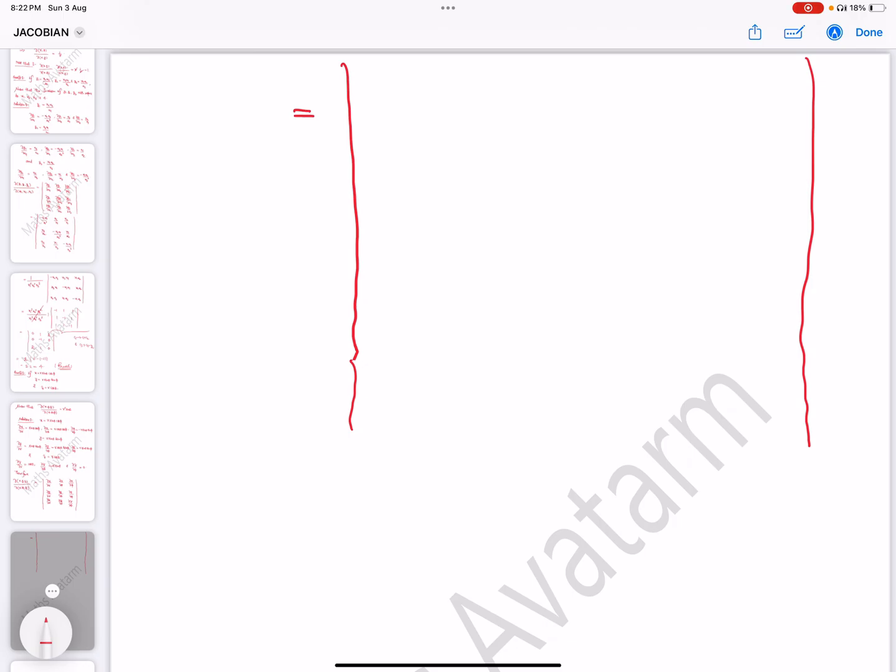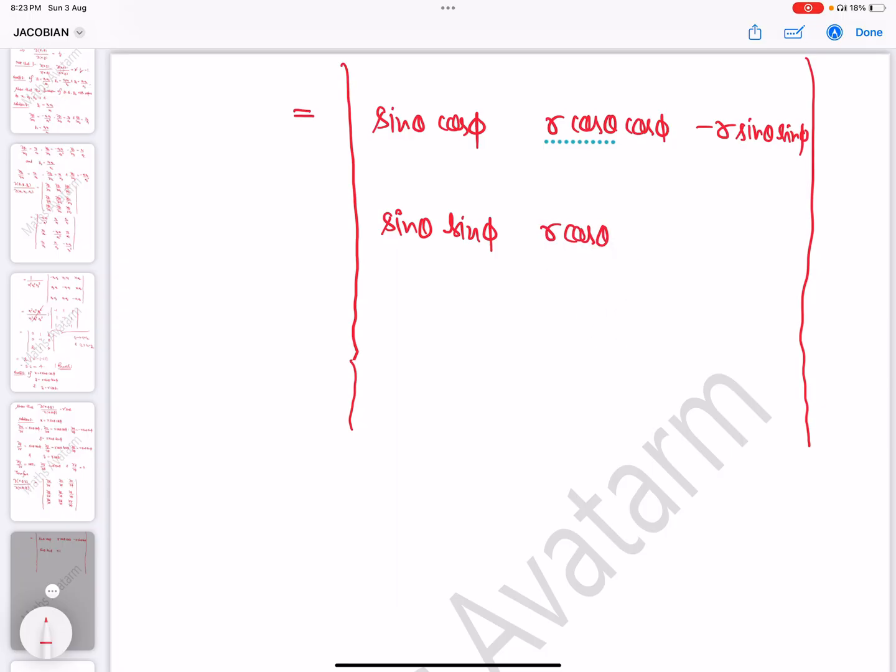so del x upon del r is sine theta cos phi, okay, and second, r cos theta cos phi, minus r sine theta sine phi, then sine theta sine phi, r cos theta sine phi, r sine theta cos phi.